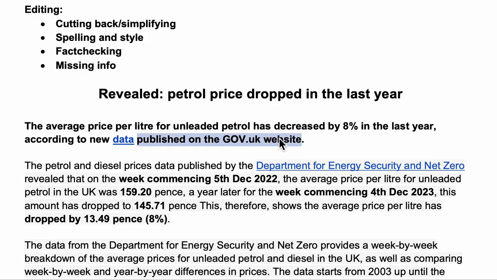Again, that's probably unnecessarily specific in this first line. We can talk about who published this data later on, and indeed that is what happens in the second paragraph. So let's just take that out. And now we've got a much sharper, shorter first paragraph. The average price per litre for unleaded petrol has decreased by 8% in the last year, according to new data.